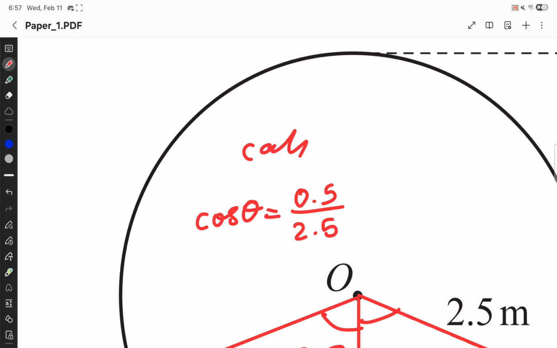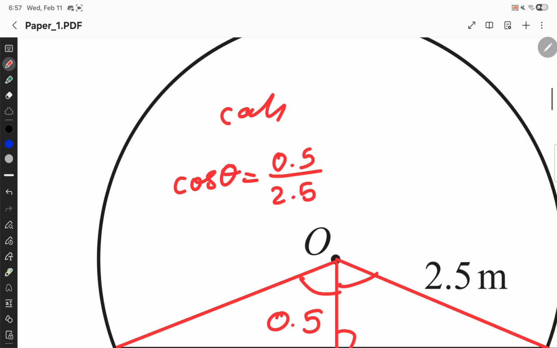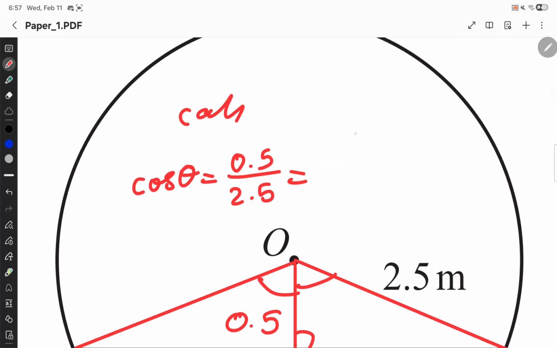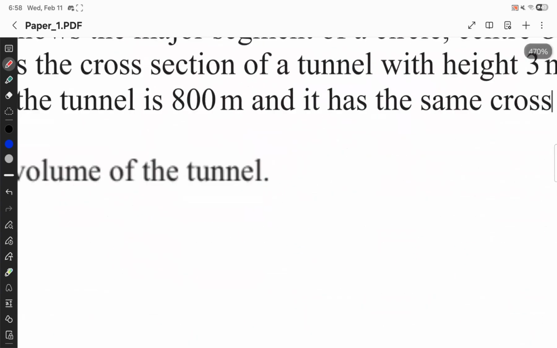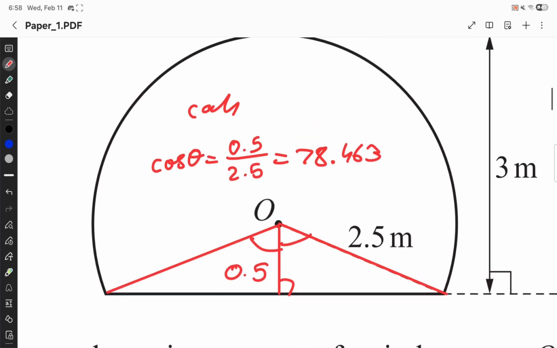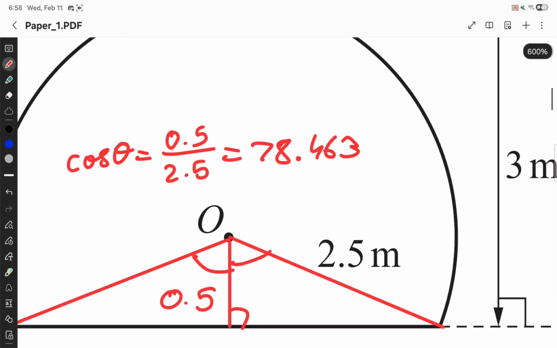Inverse cosine of a fifth, or 0.5 over 2.5, in your calculator, which we get as 78.463. Now I will be using 3 decimal places. You guys can use 3 decimal places also for angles and measurements during working. We need to give the final answer in 3 significant figures, but 3 decimal places during working is generally fine and reaches the correct marking scheme answer.